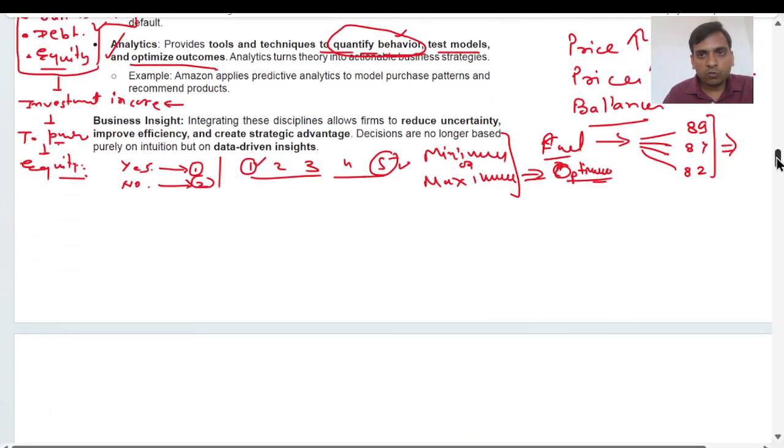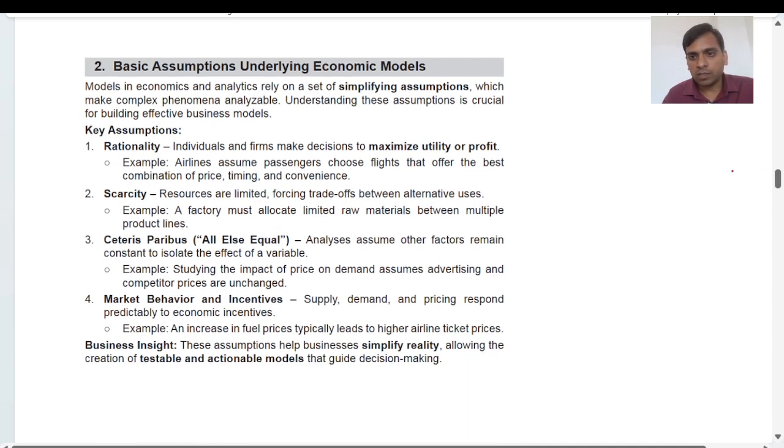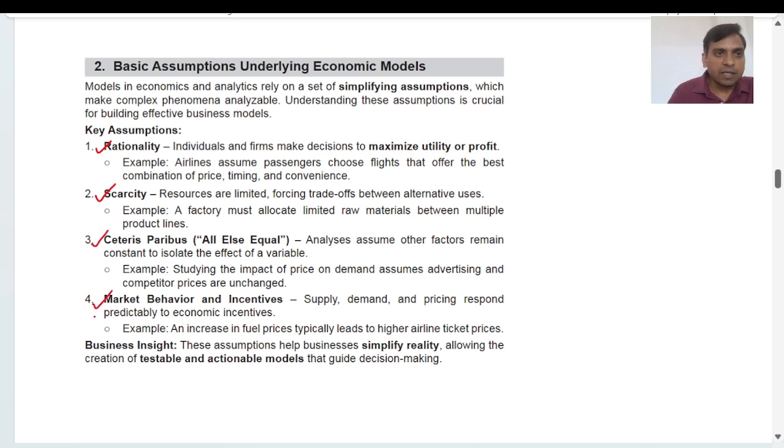Now we need to move next. These are the basic assumptions for underlying economic models. So there are basically four key assumptions. First is rationality, second is scarcity, and third is ceteris paribus, and market behavior and incentives.